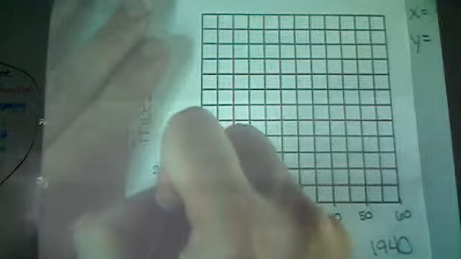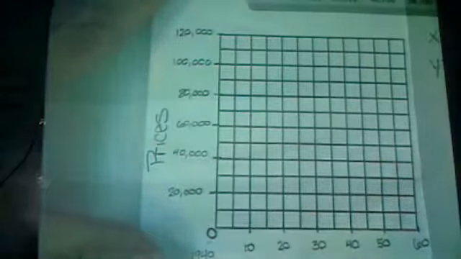So if I start here, this is going to be 20,000. If I go up by 20,000 each time, this is going to be 40,000, 60,000, 80,000, 100,000, and then at the very top, 120,000.